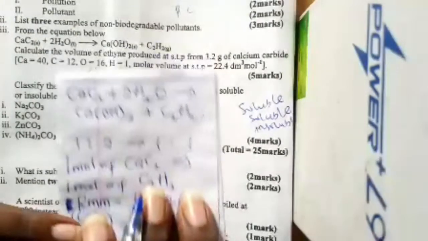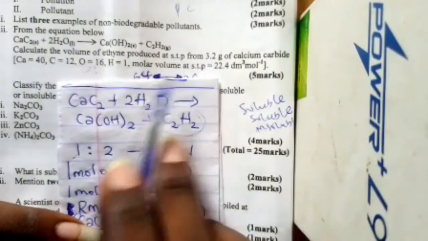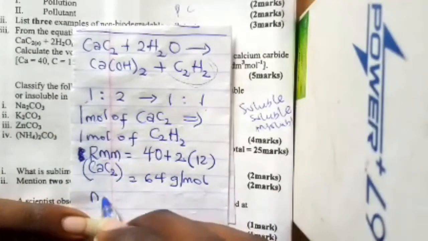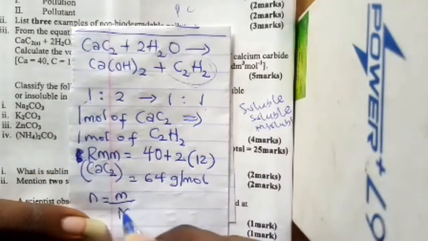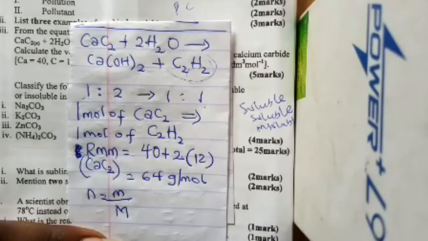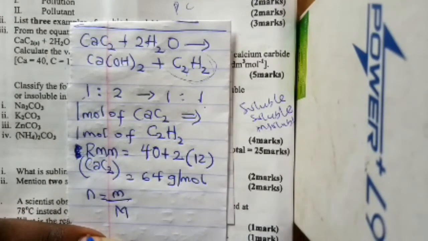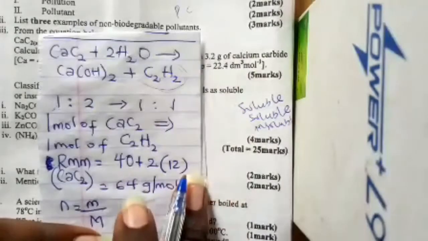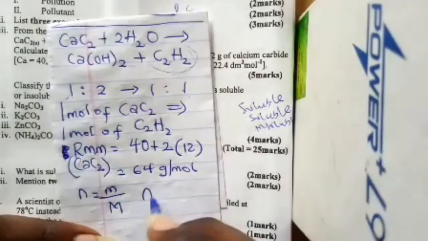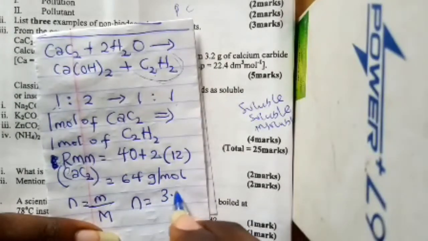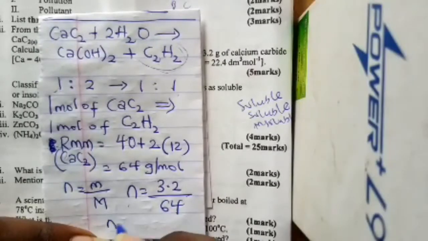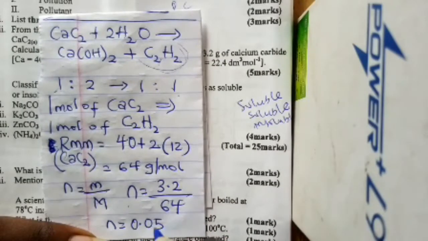Now we are told 3.2 gram of calcium carbide is the one reacting. So if you recall that n is equal to reacting mass over molar mass, 1 mole is 64 gram. But how many moles is going to be 3.2 gram from the question? 3.2 gram. So n will be equal to 3.2 gram over 64. So n gives us 0.05 mole.